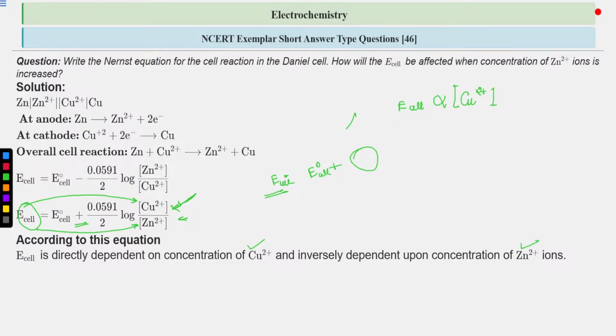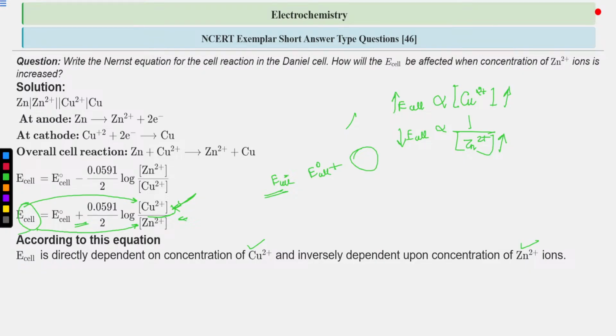That means if this increases, this also increases. And E of cell is inversely proportional to the zinc 2 plus ions. That means if this increases, this will decrease. So if the zinc 2 plus ion concentration increases, the E cell value will decrease, and if the copper 2 plus ion concentration increases, the E cell will also increase.